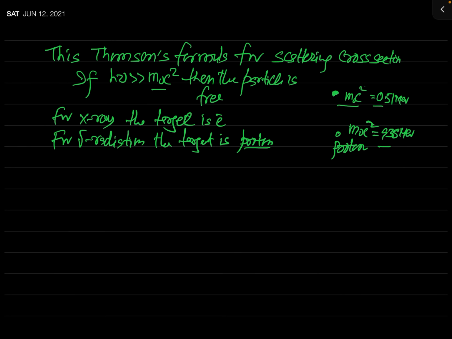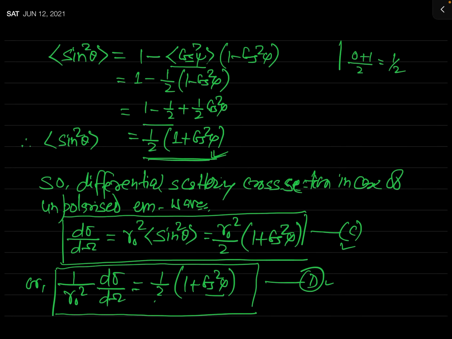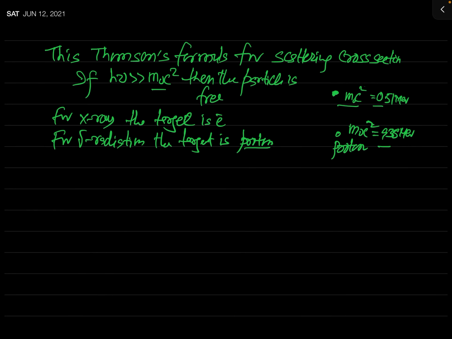The factor 1/2 (1 plus cos square phi) in this formula is called the polarization factor because it measures the degree of polarization.